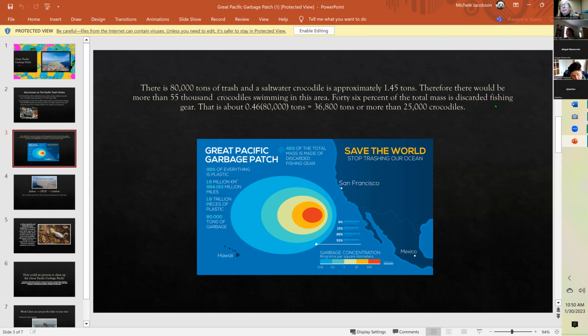46% of the total mass is discarded fishing gear. So I took 46%, wrote it as a decimal, and multiplied by my 80,000 tons. 46% sounds like a lot, but that's only 36,800 tons of it.